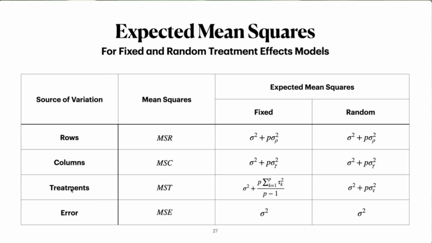If in the experiment the treatments are random effects, then instead of having the expected value of MST involving unknown constants, the tau sub k's, it involves the variance term associated with the treatments, sigma squared sub tau, and it looks just like these other situations. And so again, even if treatments are random, to get the appropriate F statistic, we would divide MST by MSE.